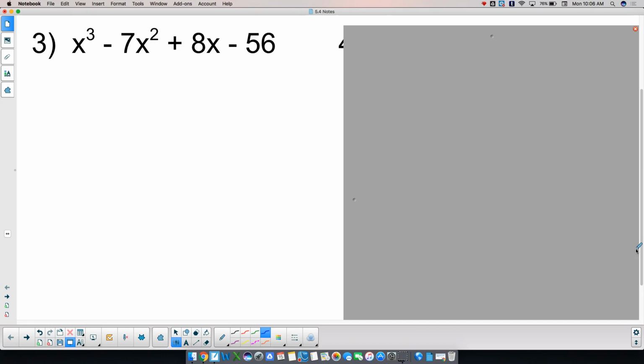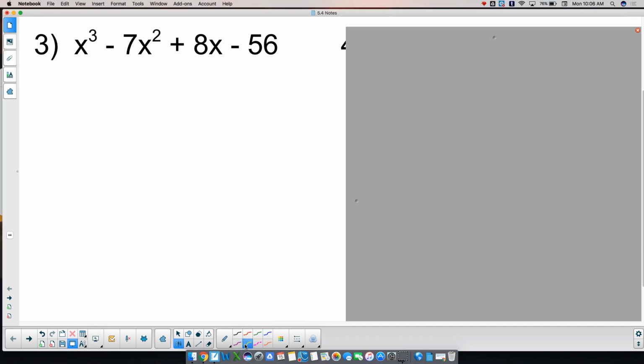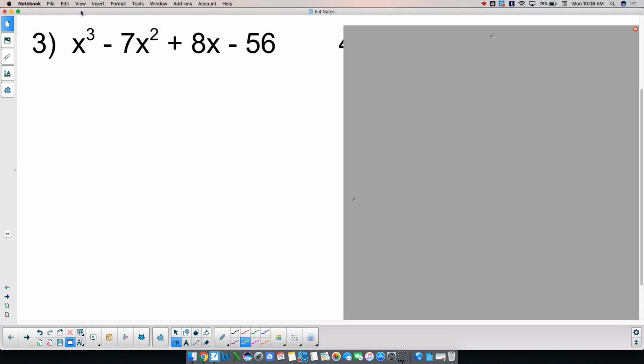First thing I do is divide the polynomial in half. So since there are 4 terms, I'm going to put 2 terms on either side, provided it's in standard order. Okay.